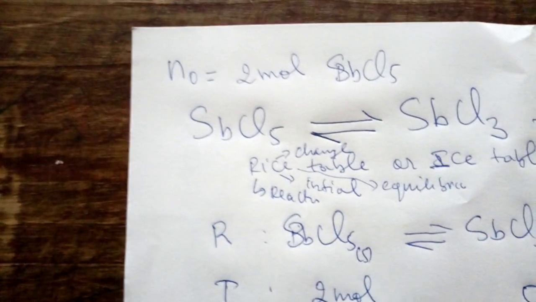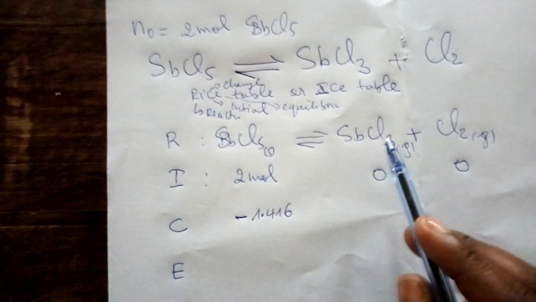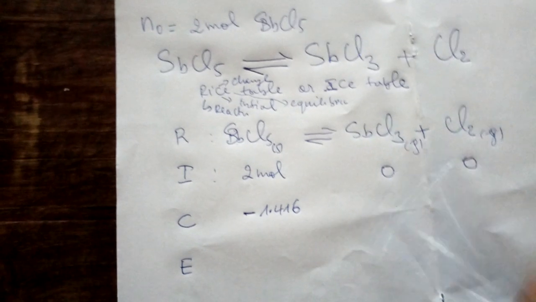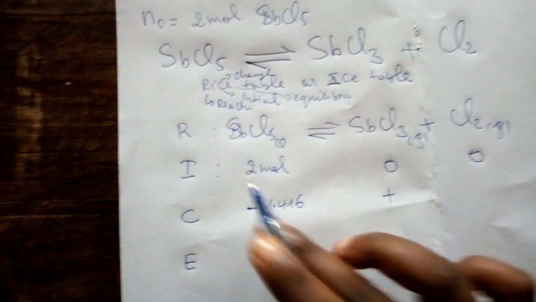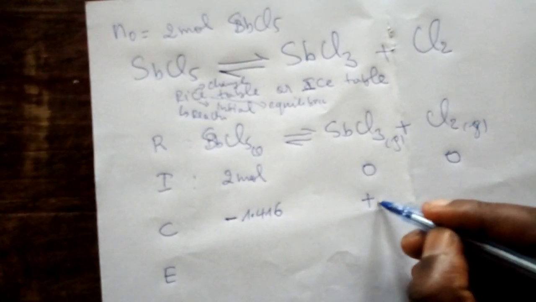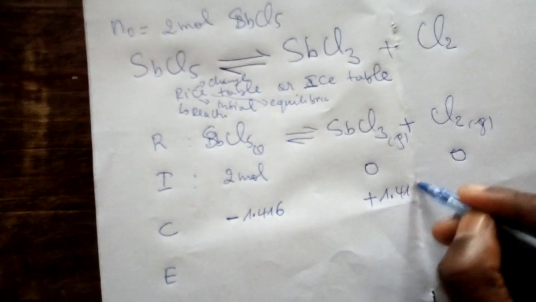But here, what is subtracted here? Because if we respect the stoichiometric coefficient, here we have 1, which means that what is subtracted here is added here: 1.416.